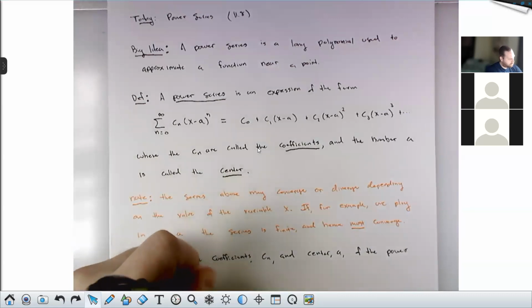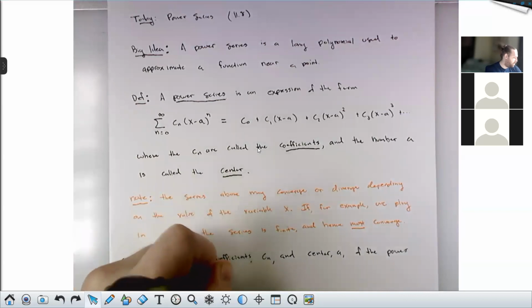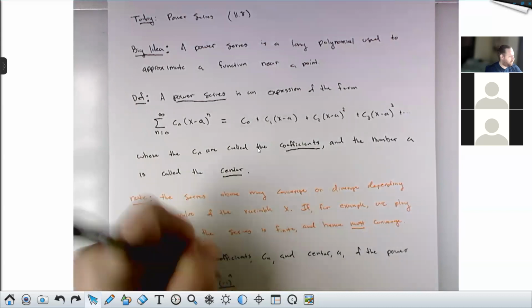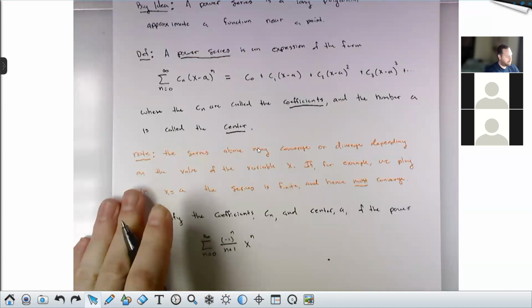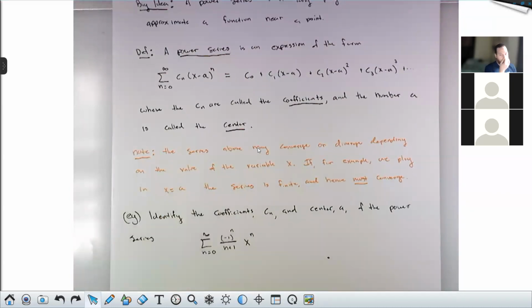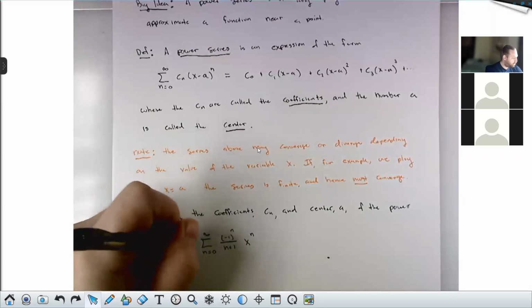Let's use sigma n from 0 to infinity, (-1)^n over n plus 1 times x^n. Let's do 2 of them. How about that? Let's call this one S.